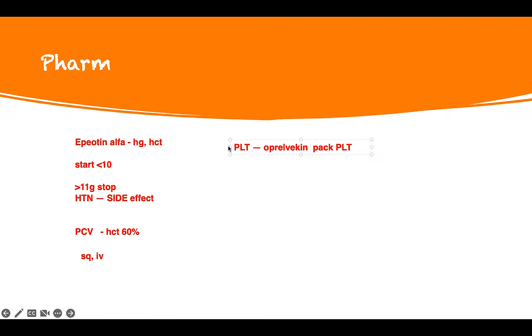The common side effect is cardiac dysrhythmia, so you have to be careful with this patient. This is the medication you give to a patient who has low platelets to improve their platelets, apart from transfusing them. The side effect is cardiac dysrhythmia. It's very straightforward.